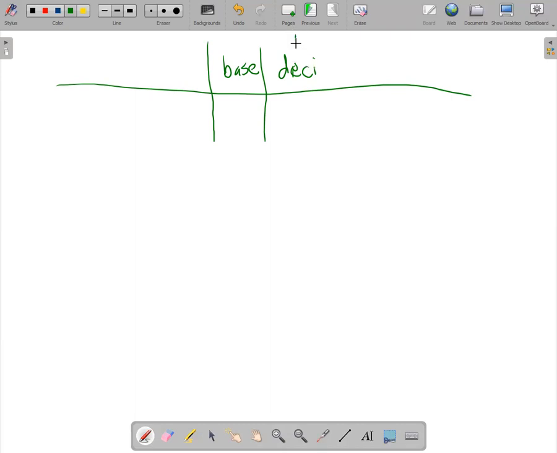And deci would be 1/10 of whatever the base is. Then centi would be 1/100th of the base, and milli would be 1/1,000th of the base. A base unit is going to be something like grams, meters.